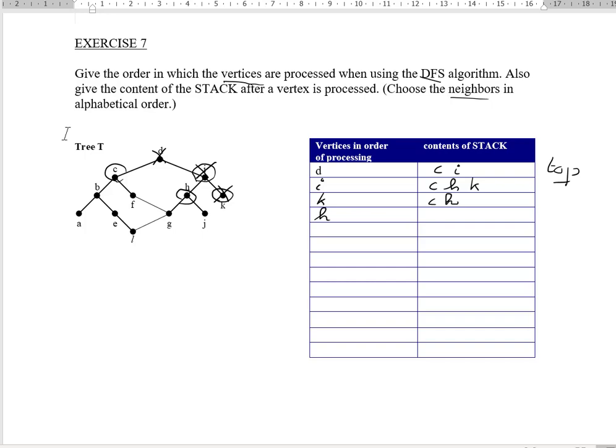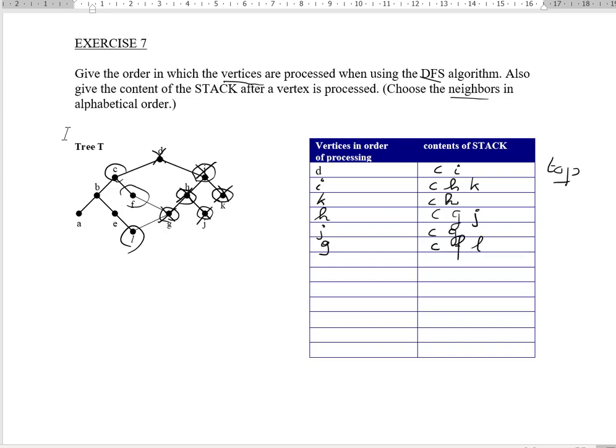Then we take off H, and we add the neighbors, that would be G and J. Okay, then we'll take out J, so that would give us J here, C and G left, nothing added because J doesn't have any neighbors. So then we take G, G goes, C stays, and we have two neighbors, F and L. So let's add them.